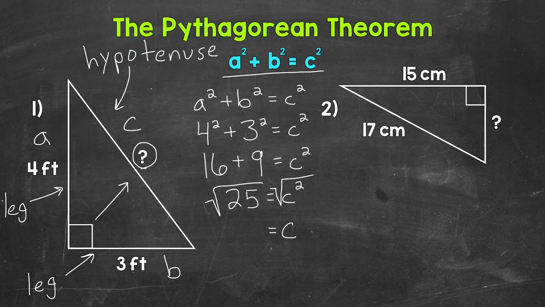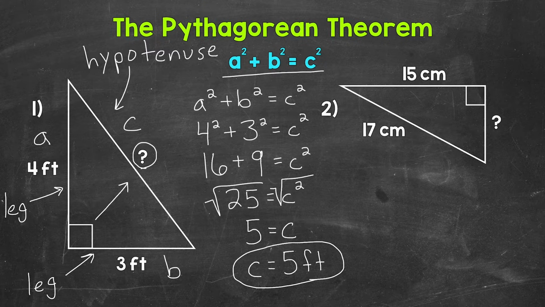And then for the left side of the equation, the square root of 25 is 5. So C equals 5. Let's rewrite that with the variable first. So C equals 5, and this is feet. So that is our missing side length. This is 5 feet right here. We used the Pythagorean theorem to figure out the missing side length of that triangle.